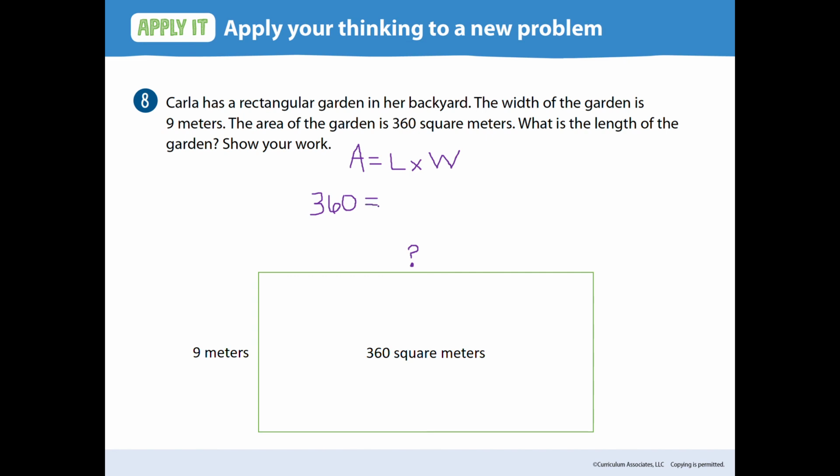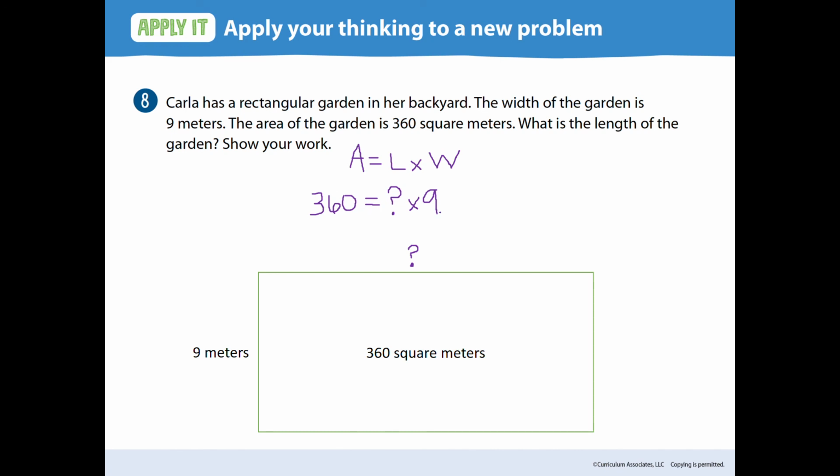We don't know the length, so we're going to put a question mark right there. Now, in the future, you're going to replace this question mark with a letter. Normally, in this case, it would be L. What we're doing here is actually some algebra, which is kind of cool. So we don't know the length, but we do know the width. The width is 9. So we have 360 equals something times 9.